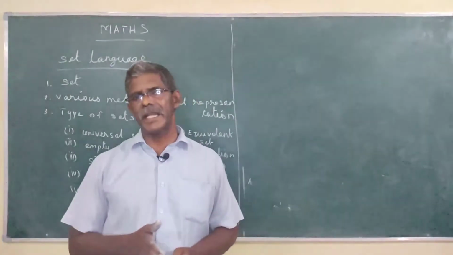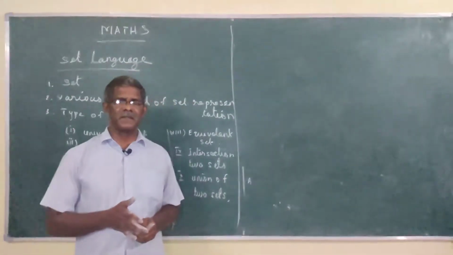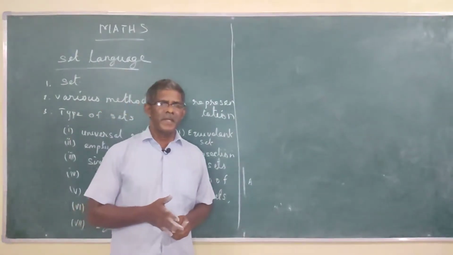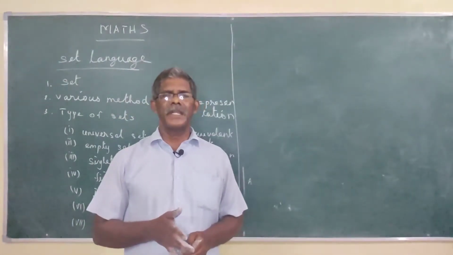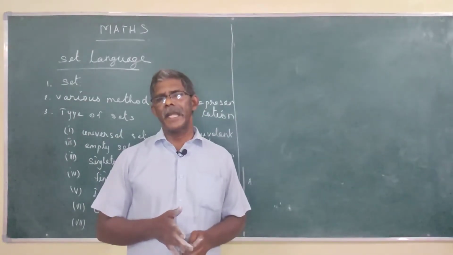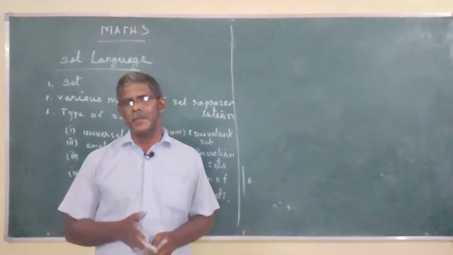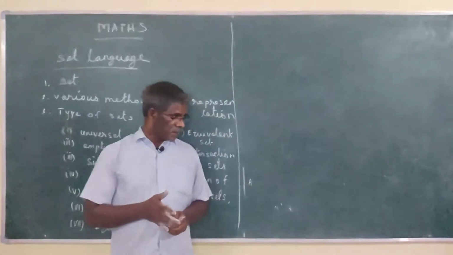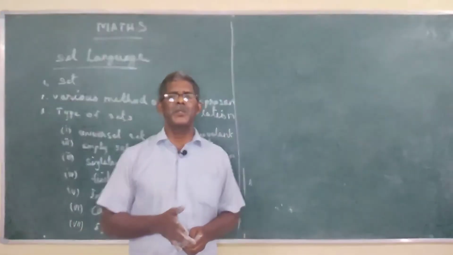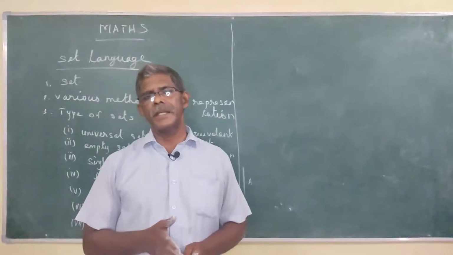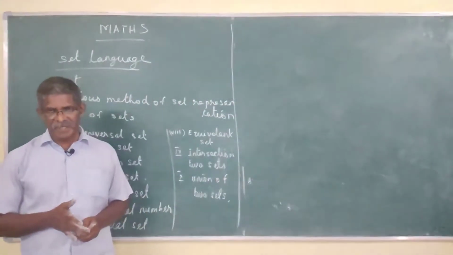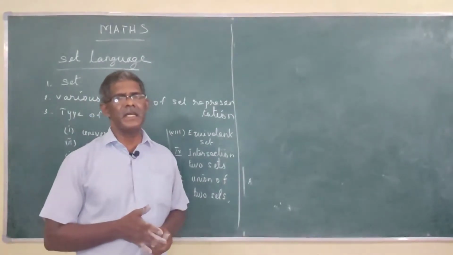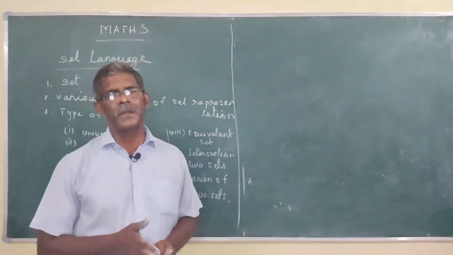That also we can separate from the 9D class. So well defined means that in this way we can separate the elements clearly. If it is not well defined, we are not able to find out the elements properly. This is the difference between well defined and not well defined.